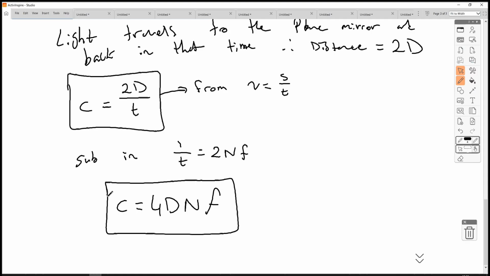Now, when Fizeau did this experiment, he obtained a value that was only slightly higher than Maxwell's value for the speed of light. So Maxwell's value theoretically was like 2.99 something times 10 to the power of 8 meters per second. And Fizeau got a value of the speed of light just over 3 times 10 to the power of 8 meters per second.